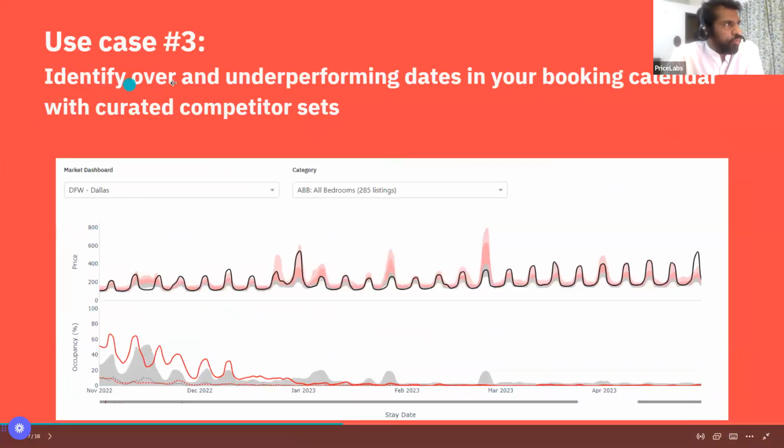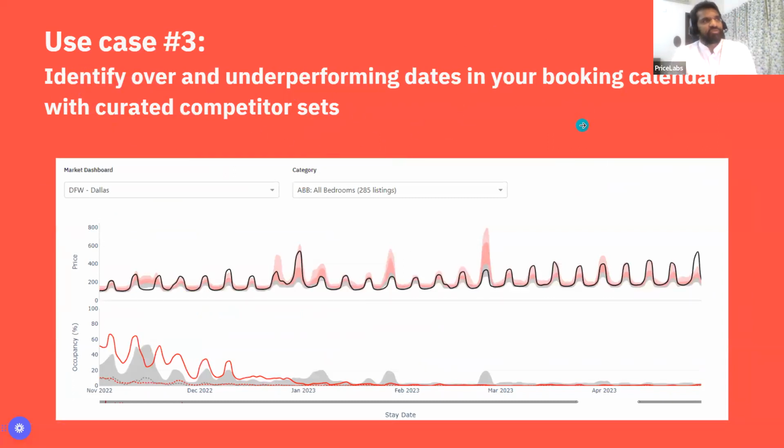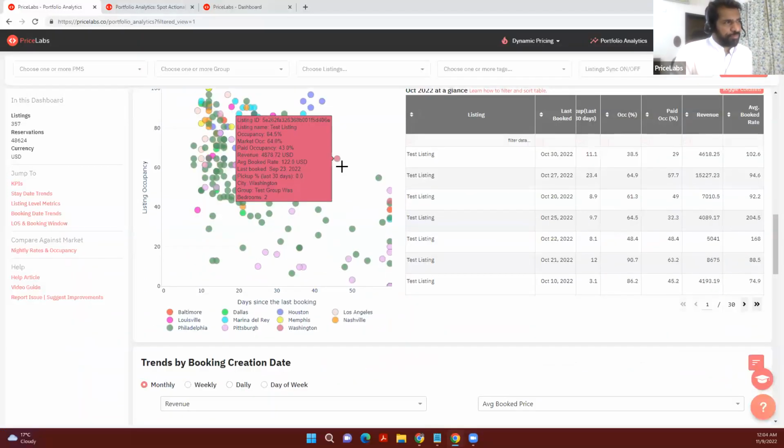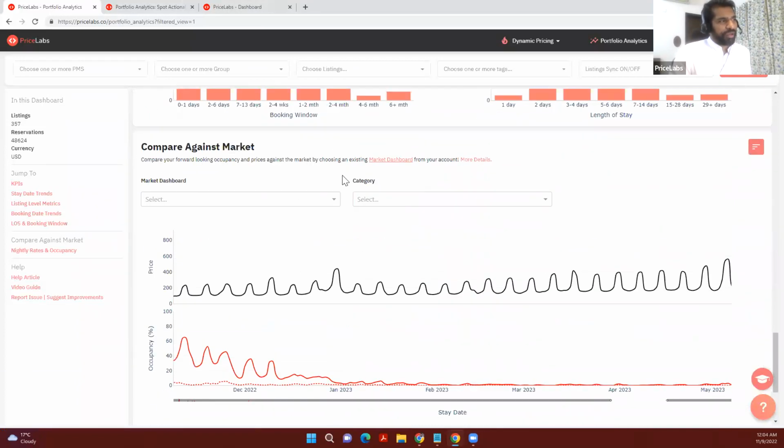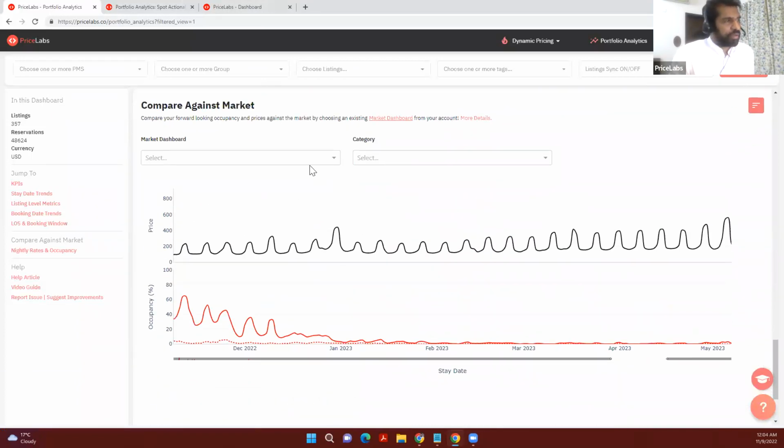The last use case that I want to cover is to identify whether there are certain dates where you're booking faster than your comp set. This is probably the most complicated, or rather, a kind of advanced use case, so not relevant to all.